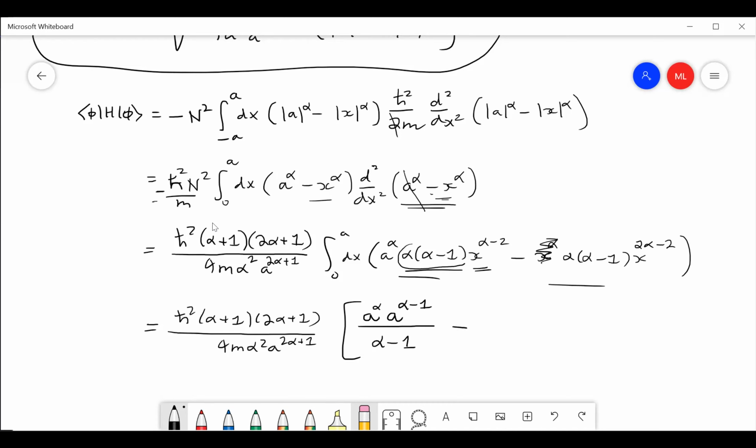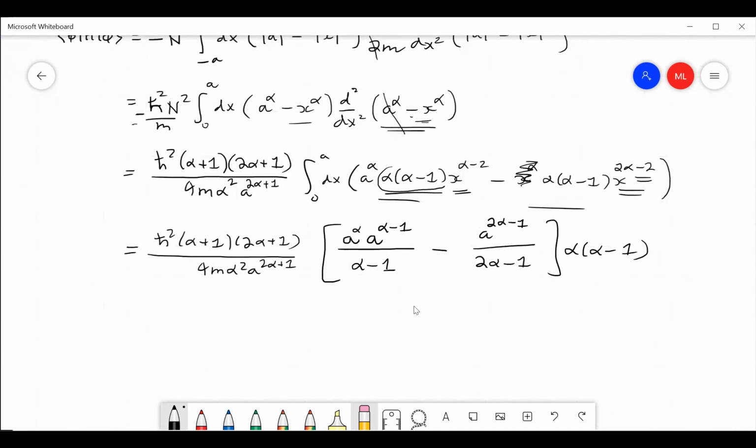But do this. This guy becomes, I have to pull down a factor of 1 over 2 alpha minus 1. So this becomes divided by 2 alpha minus 1, just from this exponent up here. And the thing up here just becomes 2 alpha minus 1, like that. And then all of this is times alpha minus 1. So you can actually combine denominators here.